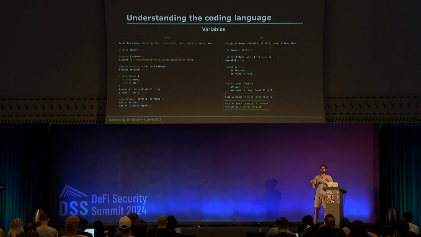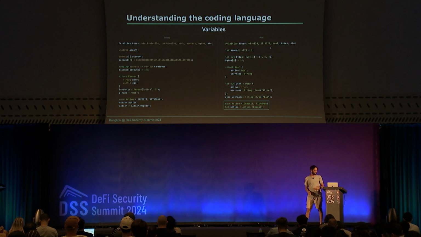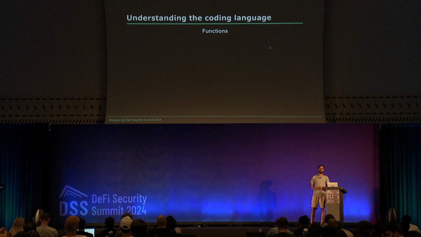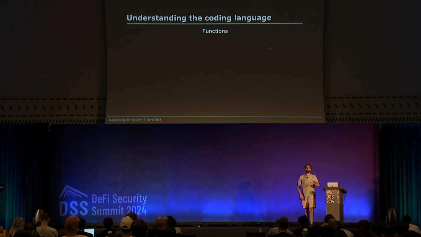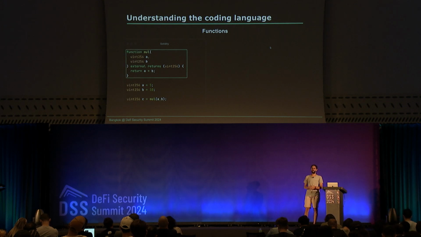So right now we have an overview of how Rust works, and you can already start reading some code. But first, we need to learn how to declare and also use functions. Comparing Ethereum and Solana, Solidity and Rust, to declare a function in Solidity, we have the keyword function, then the name of it.